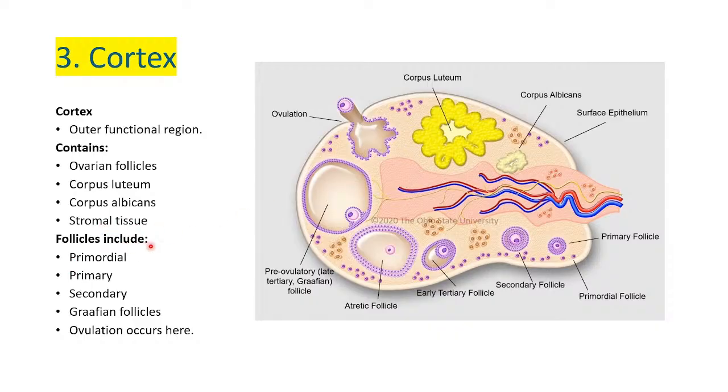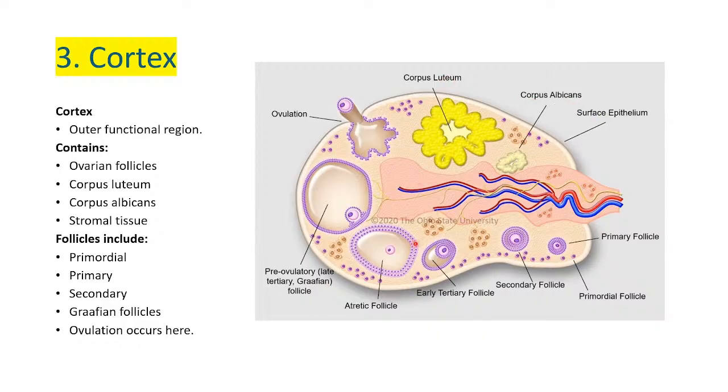So these are the different follicles. You can see here we have the primordial follicle, the primary follicle, the secondary follicle, then the early tertiary follicle, the atretic follicle there, then the pre-ovulatory late tertiary Graafian follicle. Then you've got the corpus luteum, corpus albicans.